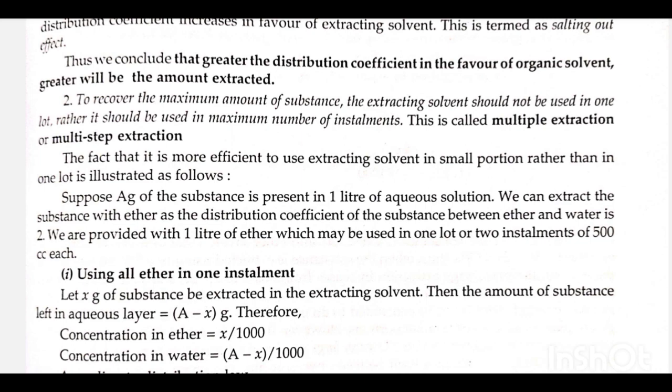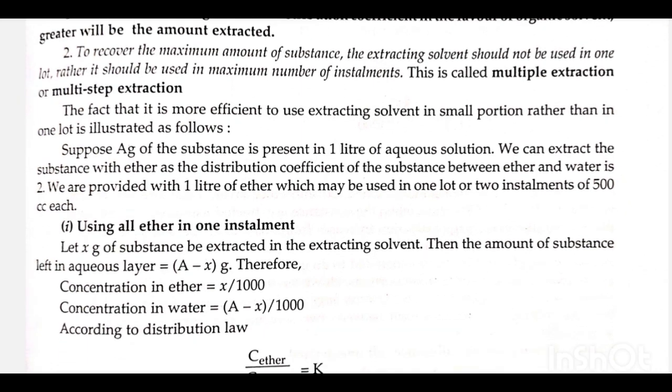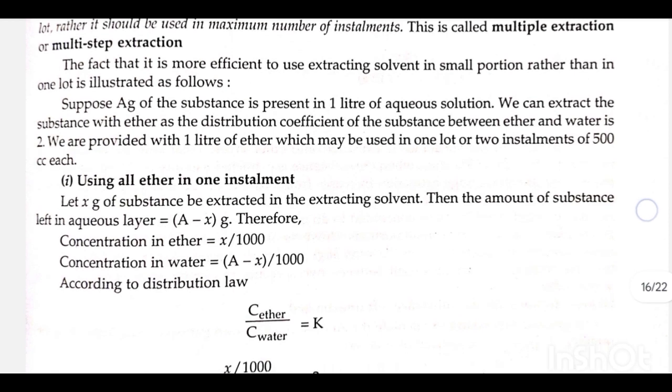Number 2: to recover the maximum amount of substance, the extracting solvent should not be used in one lot, rather it should be used in maximum number of installments. This is called multiple extraction or multi-step extraction. The fact that it is more efficient to use extracting solvent in small portions rather than in one lot is illustrated as follows.